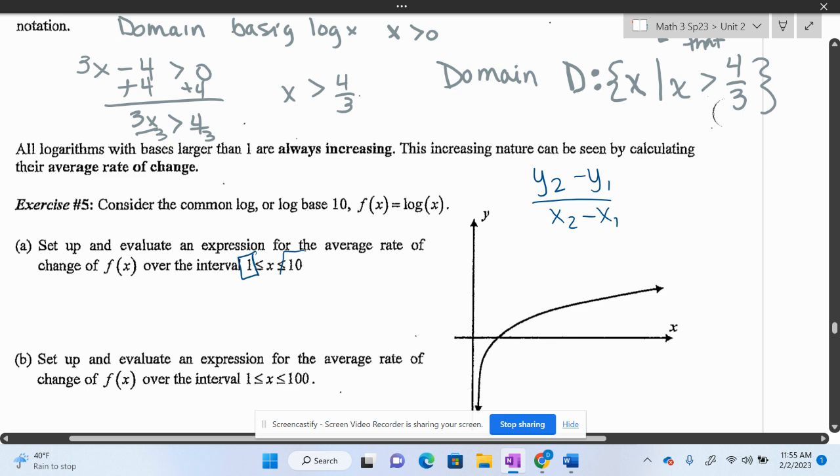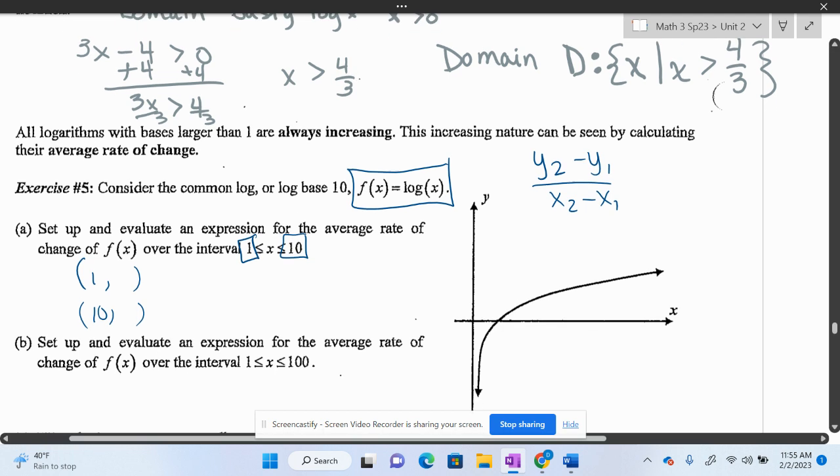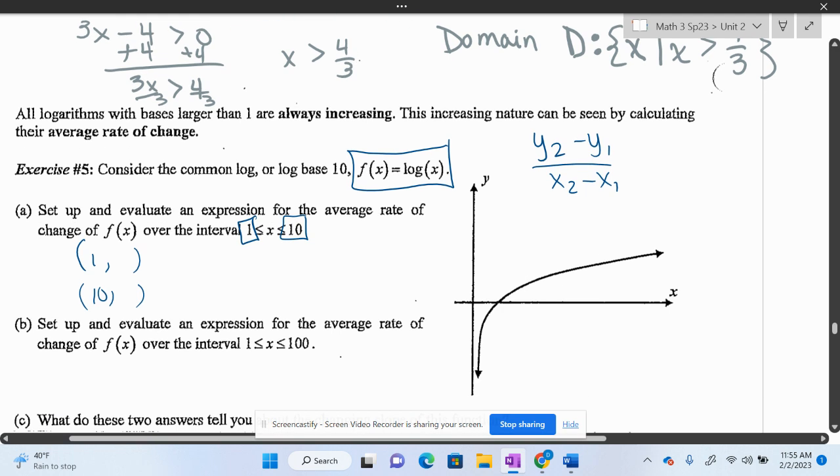We're going to let x equal 1 and we're going to let x equal 10. It even tells us the function. So I want you to put that function into your calculator, because those are your x values. Graph it, put it in there, and then go to your table.